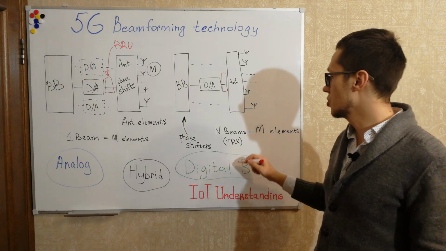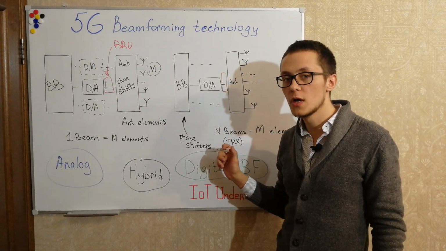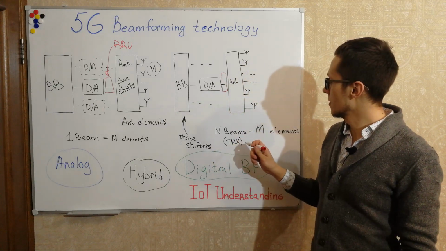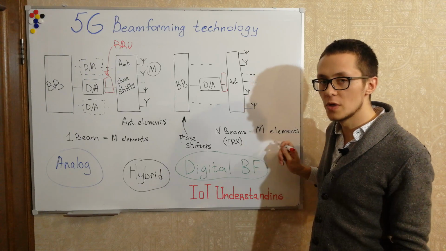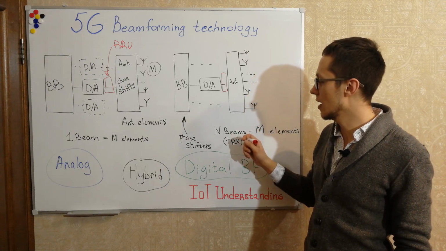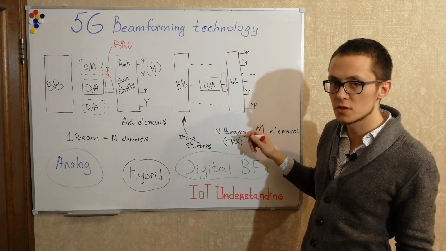When it comes to digital beamforming, you can have different numbers of beams, and this number of beams may be equal to the number of antenna elements. So you can have a number of beams, actually a number of signal sources.